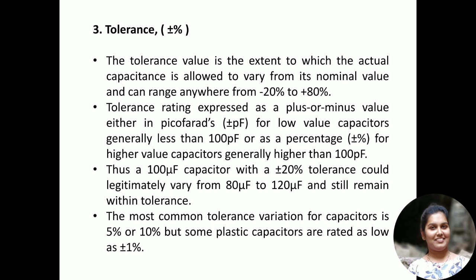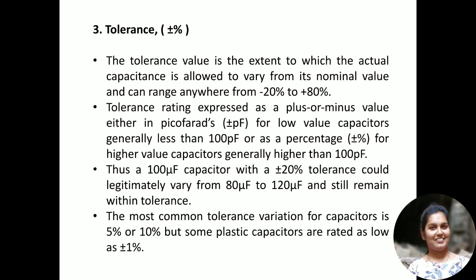If the tolerance is given in terms of plus or minus picofarads, then that kind of capacitor has a capacitance rating of less than 100 picofarads. When the tolerance is expressed as a percentage, we can conclude that the capacitor has a capacitance value of more than 100 picofarads.